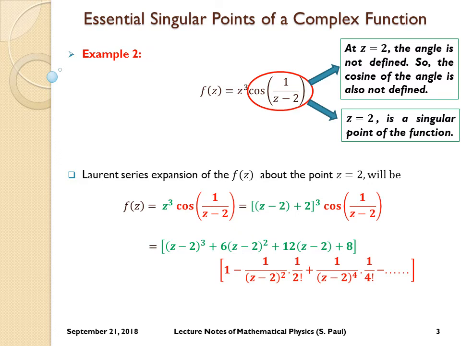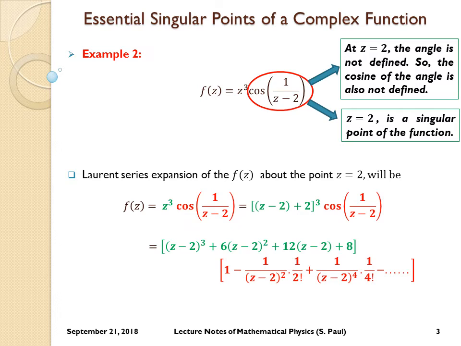In the first part, we have used the expansion of (a plus b) whole cube and written (z minus 2 plus 2) whole cube as (z minus 2) whole cube plus 6 (z minus 2) whole square plus 12 into (z minus 2) plus 8.